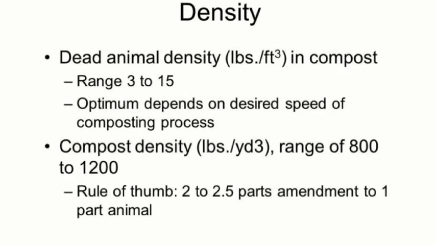You learn how to calculate the volume of a bin with one side sloping towards the front. You can use the old geometry equations and calculate that, and then determine the flow of material. In the end, your compost will have a density of some 800 to 1,200 pounds per cubic yard.